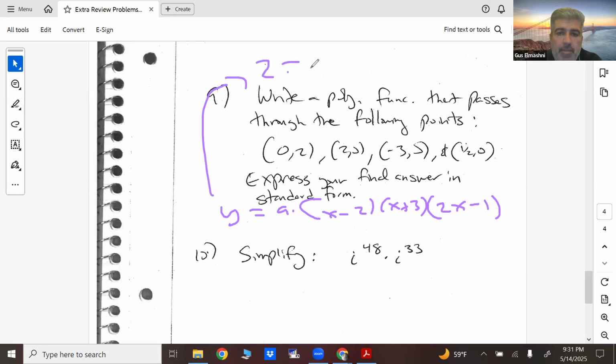Solve for a. So 2 equals 6a. A is 1/3. We get that.